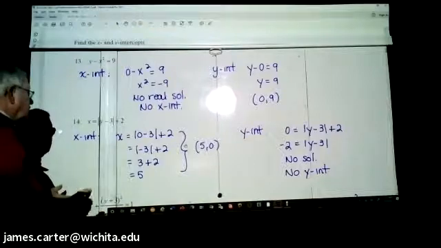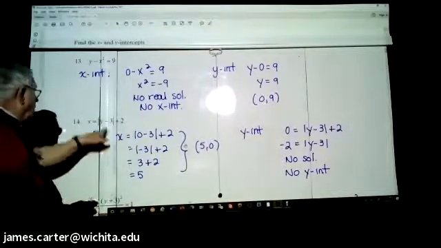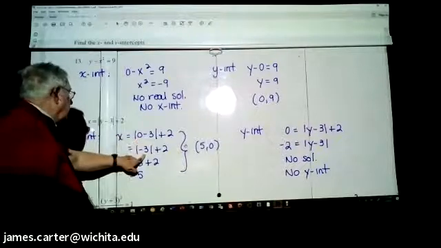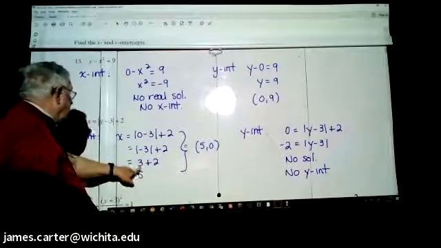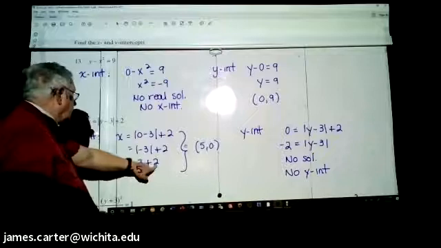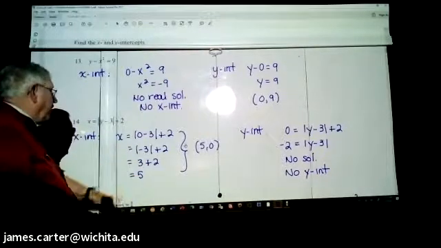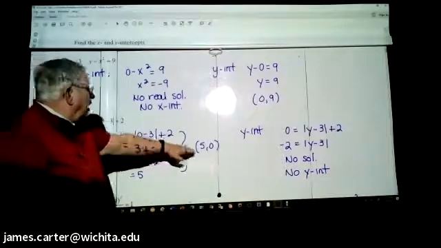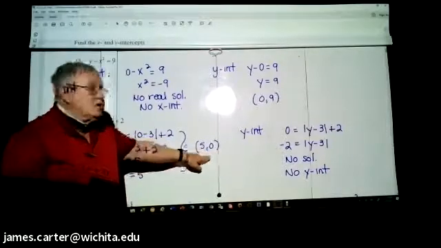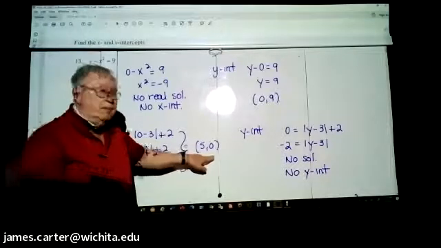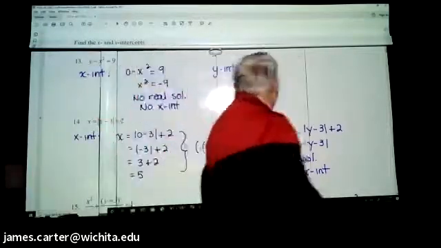So to find x, we replace y with 0. Okay, that gives us -3. The absolute value of -3 is 3. Plus 2 is 5. So the point 5, 0. Remember, when we ask for intercepts, your answer always has to be in point form, not just a value.